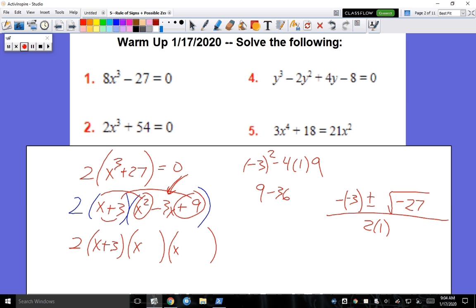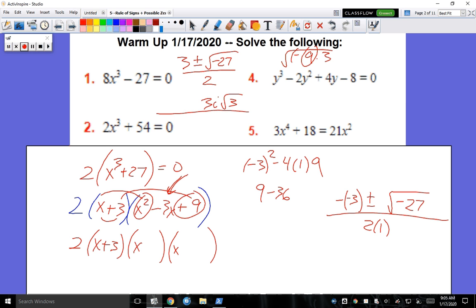Simplifying this out, I'll write it up here so that you can see it in the back. Gives me that. Yep, so 27 is like 9 times 3. Negative 9 times 3. So the negative 1 comes out as an i. The 9 comes out as a 3. And that other 3 stayed in.